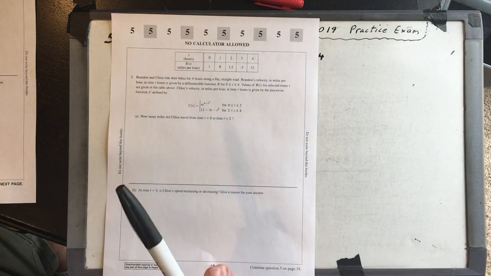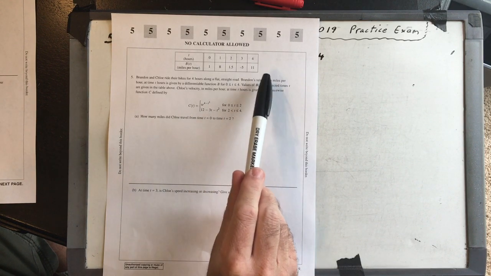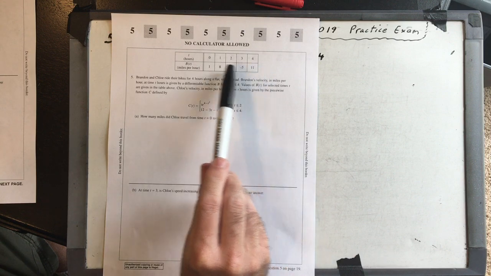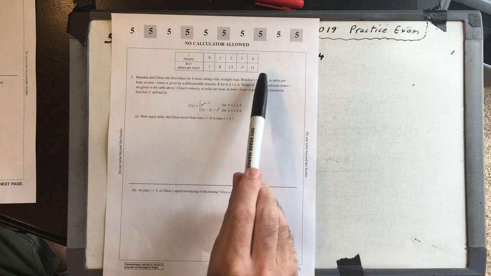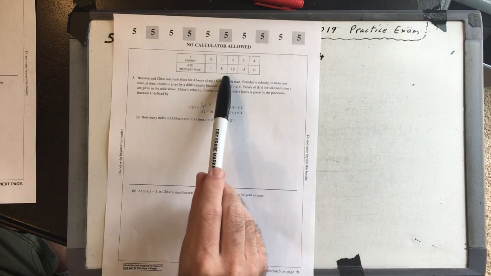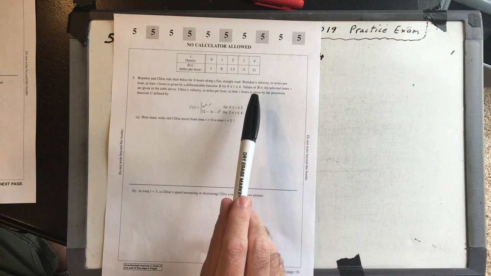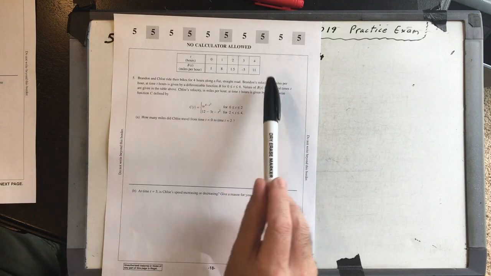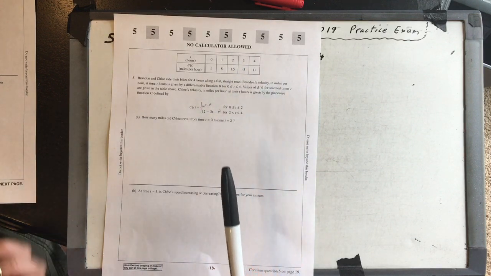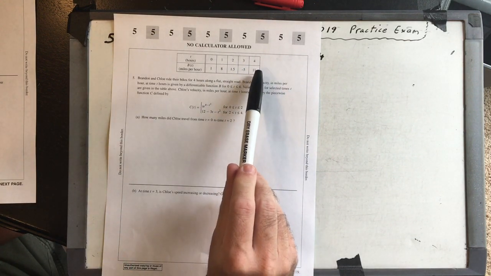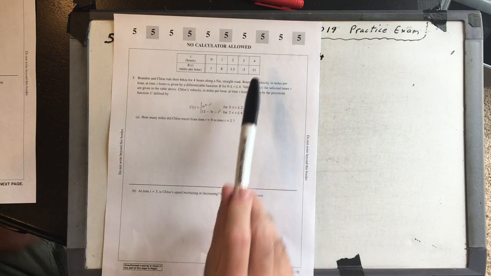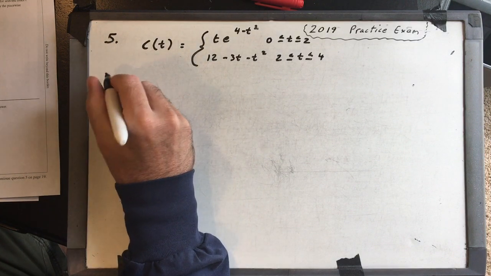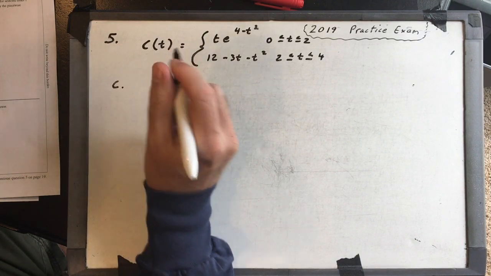If the average slope, the slope of the secant line, is equal to 2.5, then we know that the slope of the tangent line, which is the acceleration, the derivative, is also going to be 2.5. The easiest one to test first is just the two endpoints, using Brandon's table at the top.